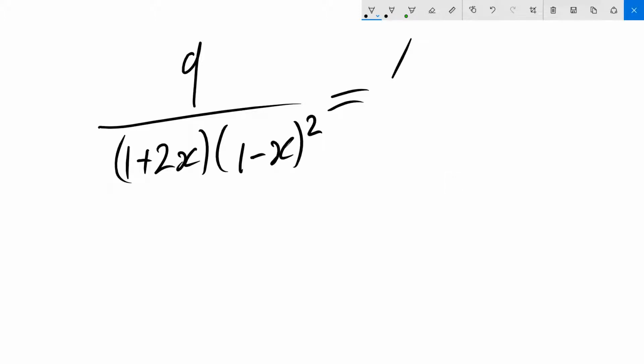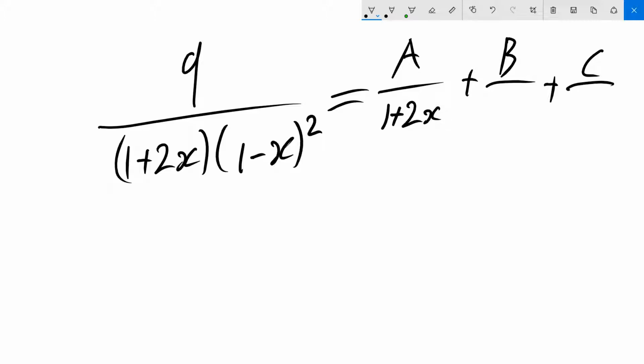So A over, plus B over, plus C over. So we're going to have three different fractions when we split this one up. So the first one, well, what I normally do is 2x, so this normal fraction here, get it out of the way. So that's done.